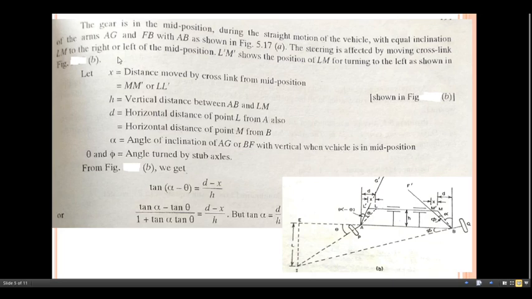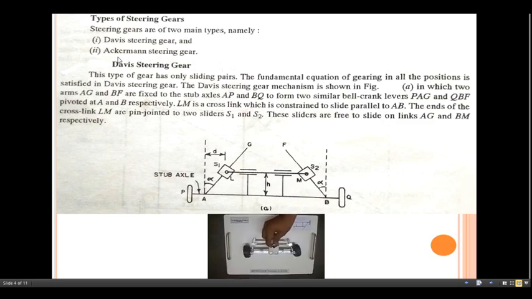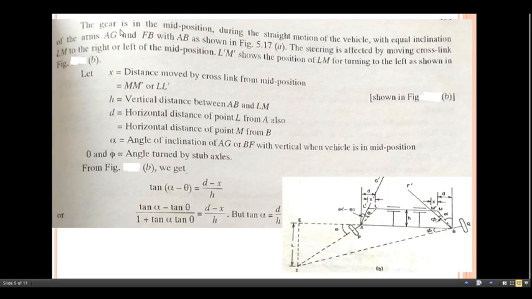Whatever relation we have seen in the earlier case, it is the fundamental equation. So for this case also we can get the relation. Now let us see. The gear is in mid position during the straight motion of the vehicle, with equal inclination of arms AG and BF with the AB, as shown in this figure.